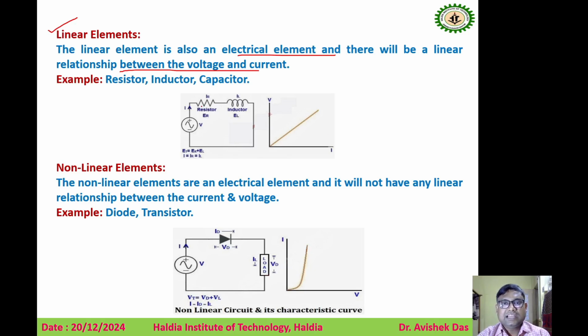Examples of the linear element are the resistor, inductor, capacitor, where voltage and current have a linear relationship. If you increase the voltage, you can find the current also increases linearly. So the element which has a linear relationship between the voltage and the current is known as the linear element.